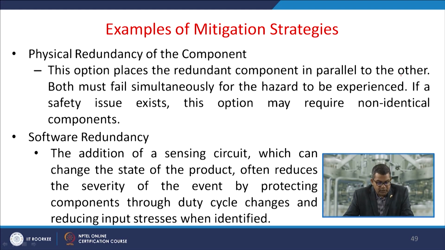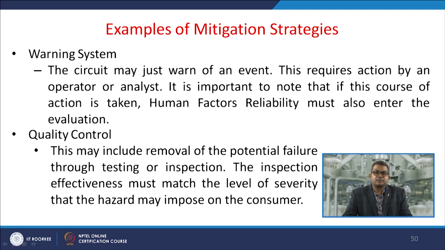Then the software redundancy: the addition of a sensing circuit which can change the state of the product often reduces the severity of the event by protecting the component through duty cycle changes and reducing input stresses when identified.